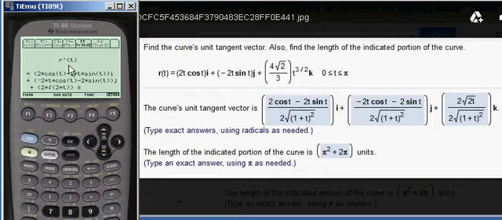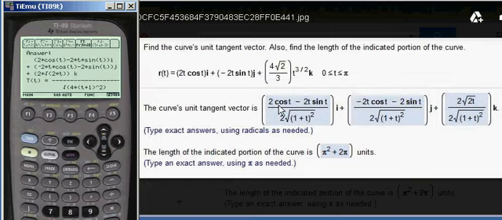And so we're going to do the derivative of this. That equals this, just what we found before. We're going to do the magnitude right here. Of course, this is the numerator, this is the denominator. And here's the answer.